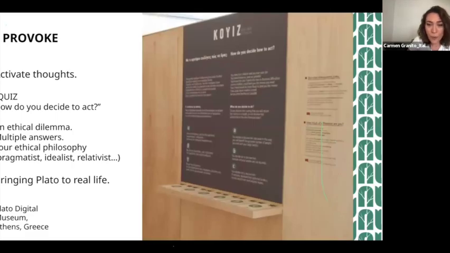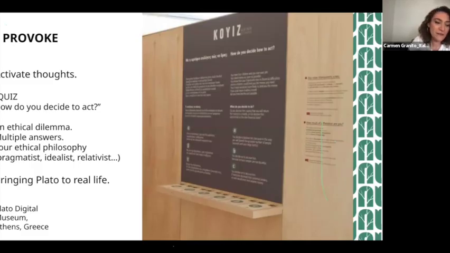So sorry about the quality of this picture, which is my own and very old phone camera, but it's a nice example that I like, so I'm just going to describe it to you a little bit better. So this is from the Plato Digital Museum in Athens. And this panel contains a quiz. The panel says, how do you decide to act?